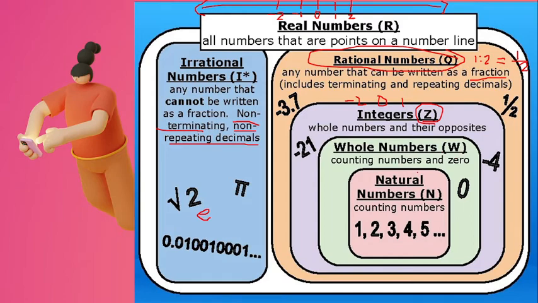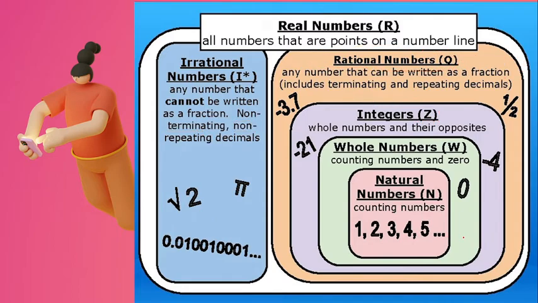When we say whole numbers, they include the counting numbers and 0. We have the natural numbers, the counting numbers, starting from 1: 1, 2, 3, 4, 5, and so on. That is the definition of real numbers and their parts.